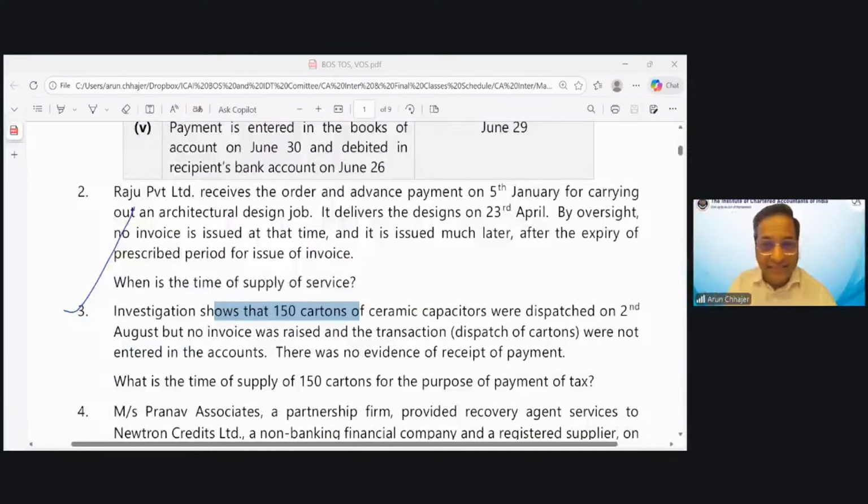In this case, date of removal is 2nd August. If the invoice is not prepared, what is the last date of invoice? 2nd August. Last date of invoice 2nd August or payment, whichever is earlier. Payment not given, no information. So I can say 2nd August would be the time of supply.